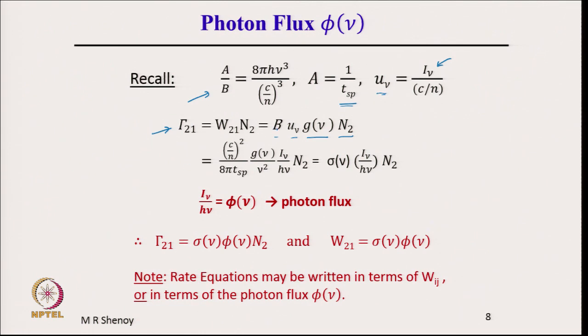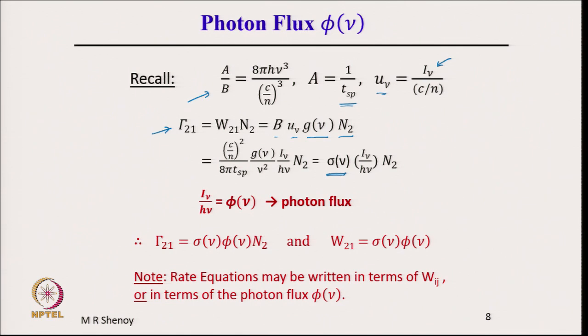We have substituted for B in terms of A, and therefore we get this expression here, and if we substitute for u nu, we get I nu by h nu into N2, which was written as the cross section sigma of nu.